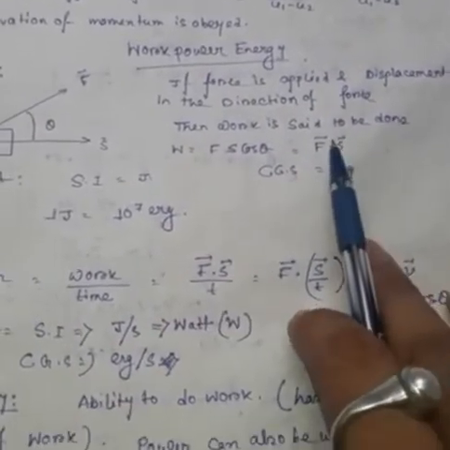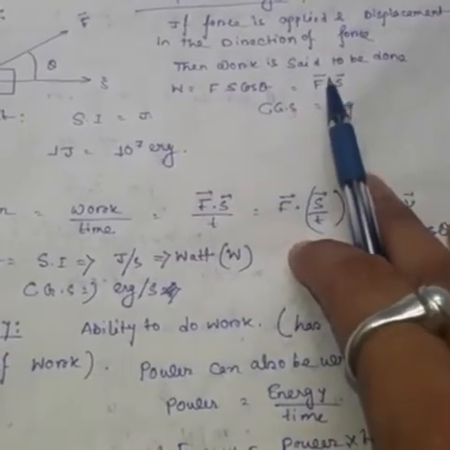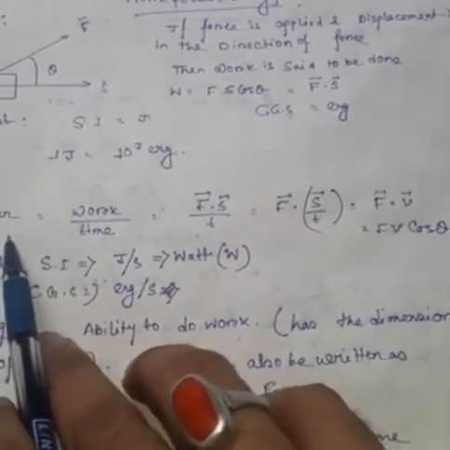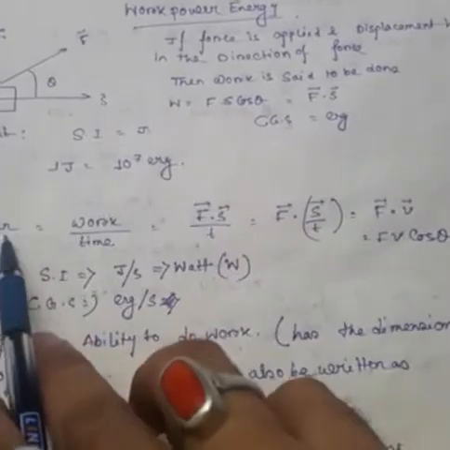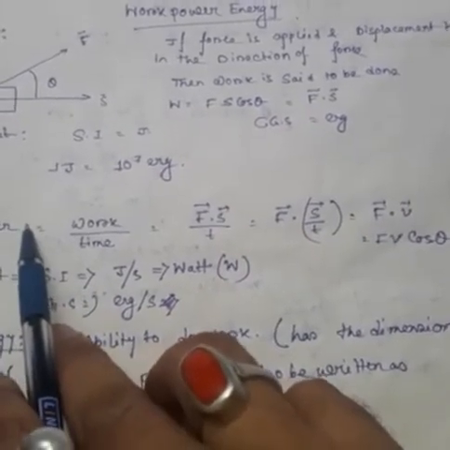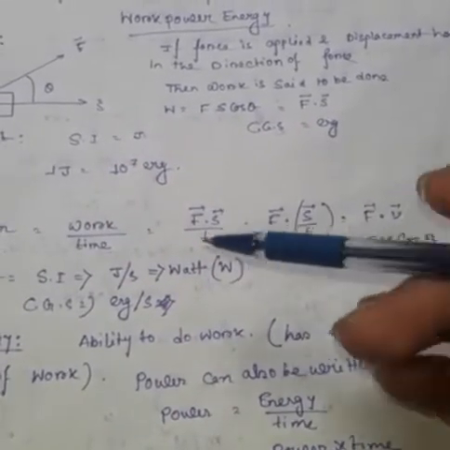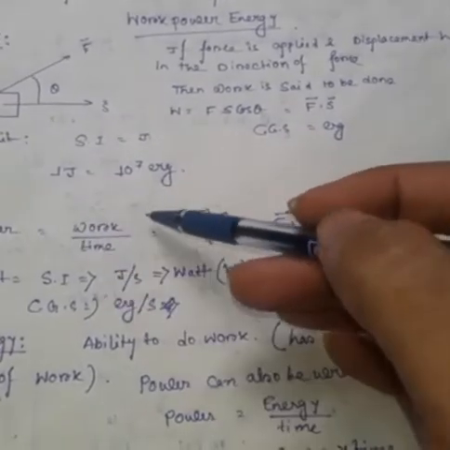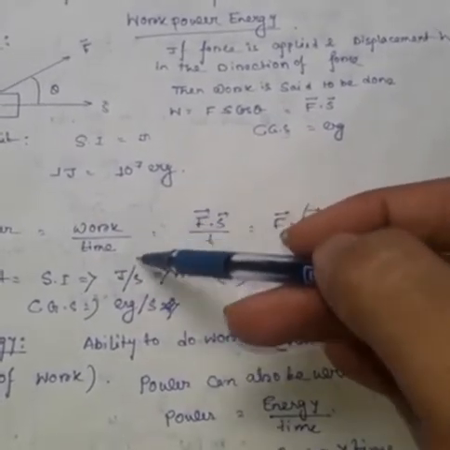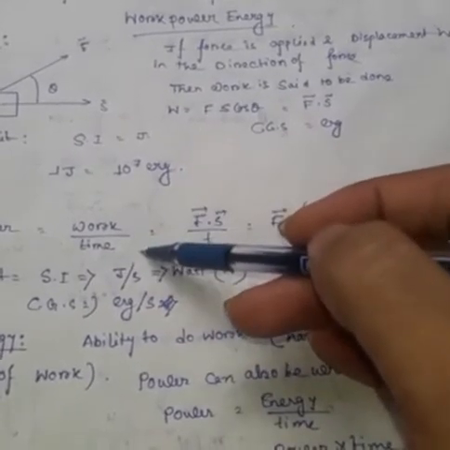Okay, so the next part of our discussion is based on power. Now we already know what is work. Now what is power? Power is work done per unit time, that is the rate of doing work. That is, total work divided by time.